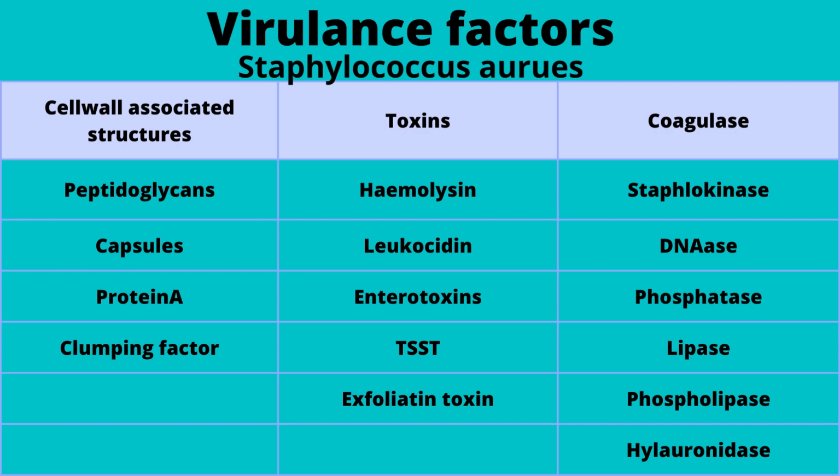It acts as a superantigen and induces the production of cytokines by macrophages. Toxic shock syndrome toxin causes toxic shock syndrome basically in case of vaginal and nasal tampons, and it also acts as a superantigen and causes the release of various cytokines from macrophages.